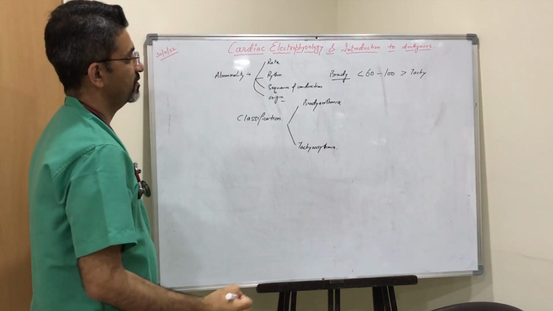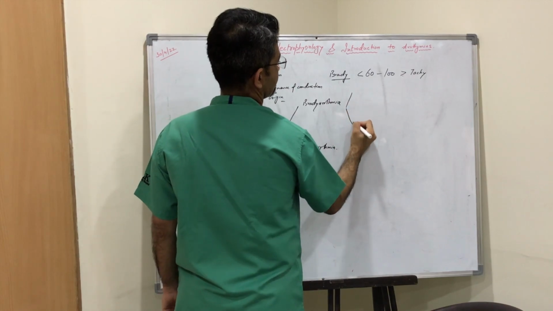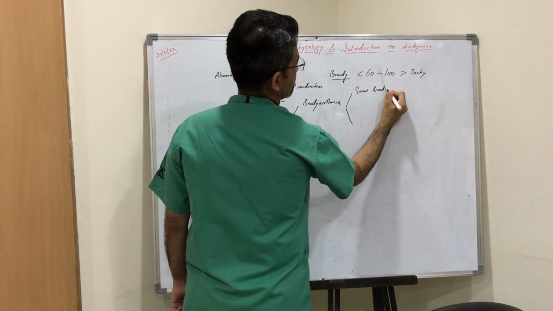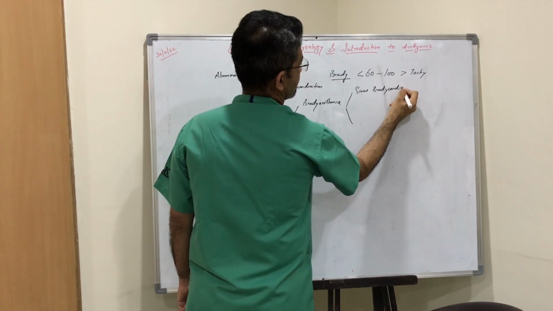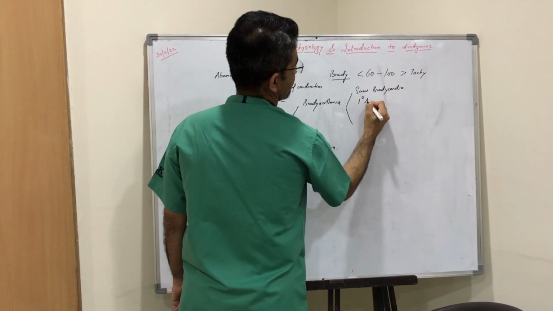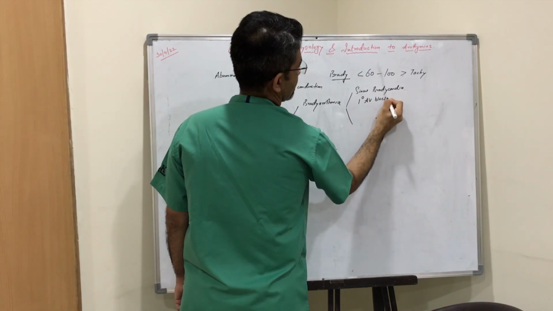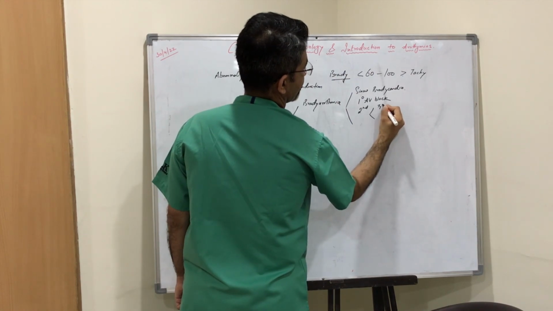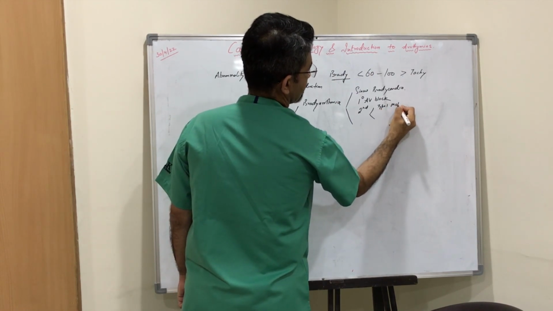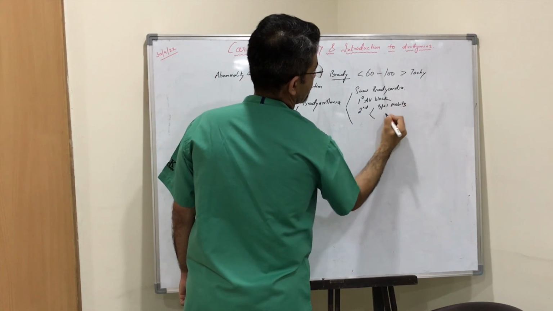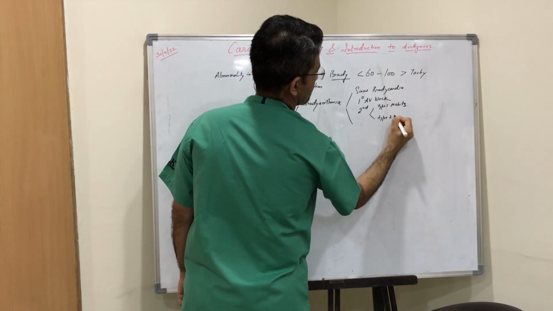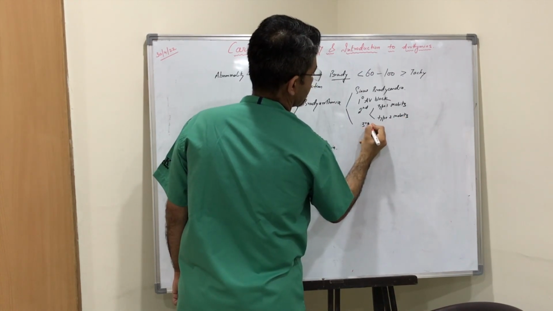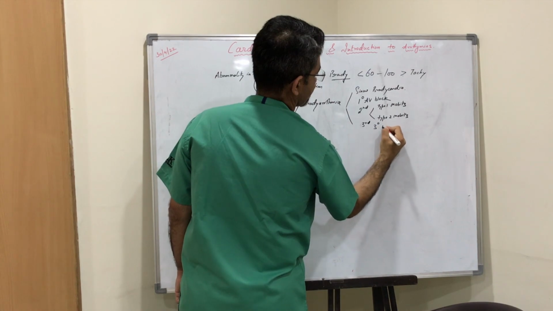In bradyarrhythmia, either you have sinus bradycardia or you have first degree AV block, you have second degree, which is of 2 types, type 1 Mobitz, type 2 Mobitz, and third is third degree AV block.